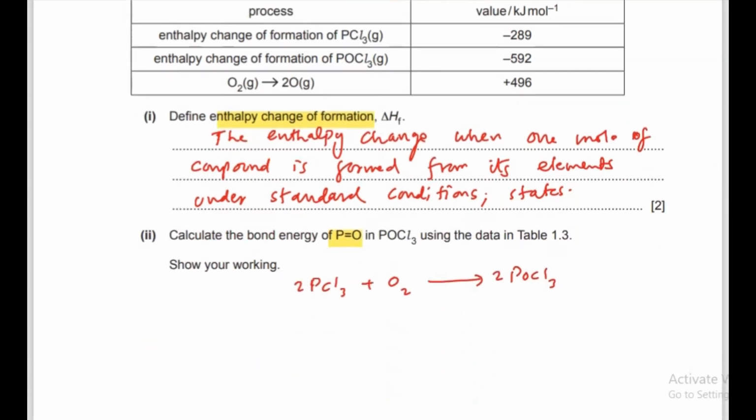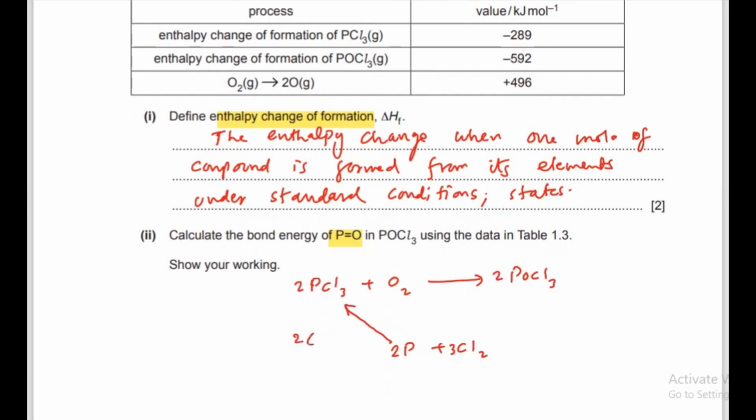Then the data regarding enthalpy change of formation. So if we make a Hess cycle, this is the formation, phosphorus and chlorine, they can react to give us PCl3 as we can, if we balance the equation, 2 and then 3. So this energy is given.